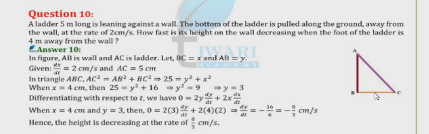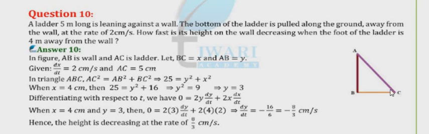So the rate of change of BC, means dx by dt, is equal to 2 cm per second. It means this side x is pulled away at the rate of 2 cm per second. The question is, how fast is its height on the wall decreasing? It means what is the speed of AB coming down towards the earth, this we have to find.